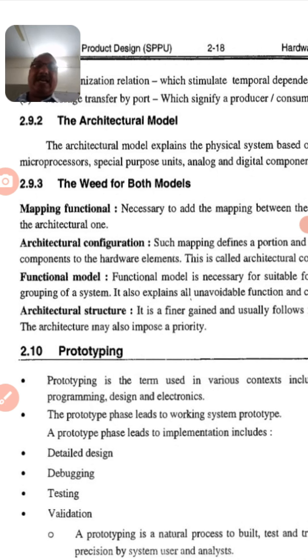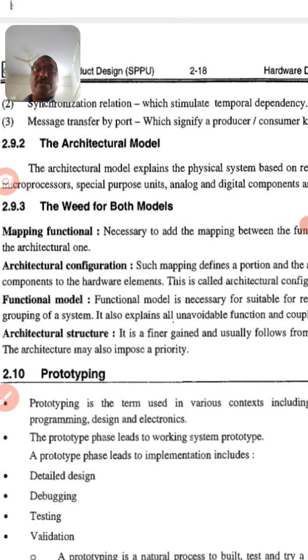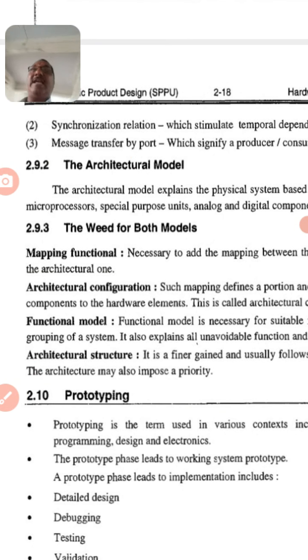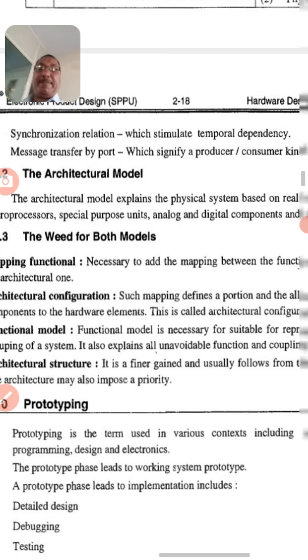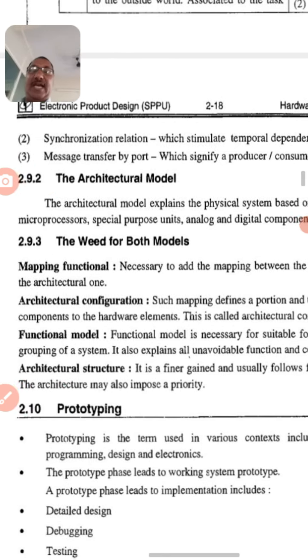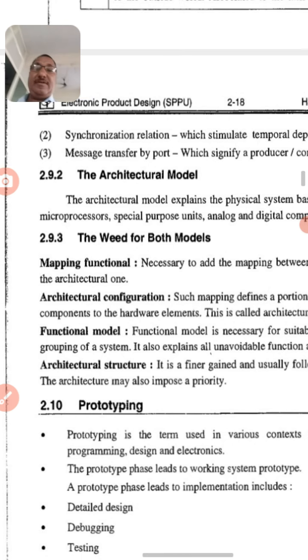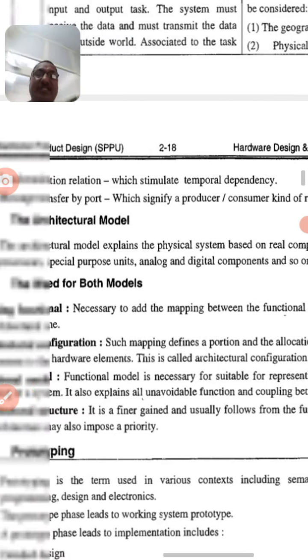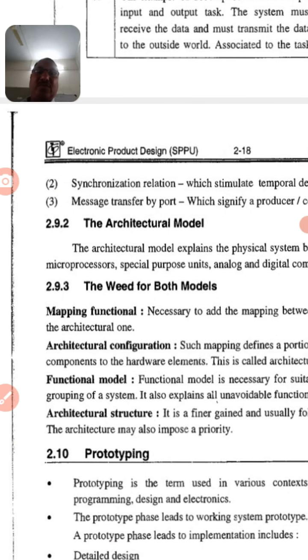Let us understand the mapping for both models, mapping functional and architectural. First one is mapping functional: it is necessary to add the mapping between the functional viewpoint and the architectural one. Such mapping defines a partition and the allocation of functional components to the hardware elements.